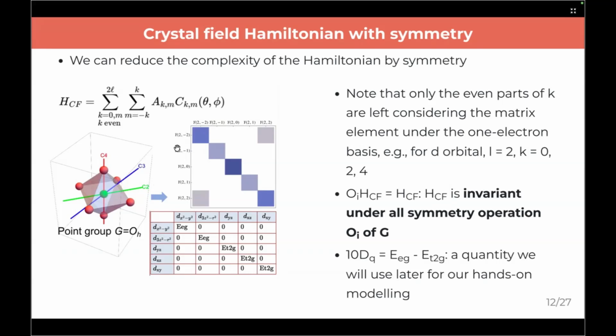If you describe this D state using 5 orbitals, 5D orbitals, now we forget about the spin, so it's 5 by 5 matrix. You can see that only these elements are non-zero, while the other white part is 0.